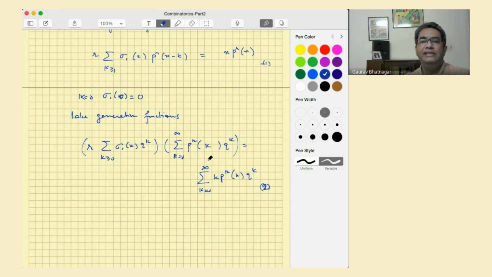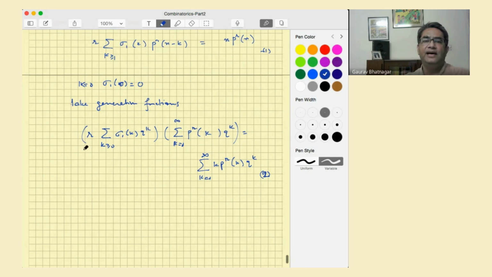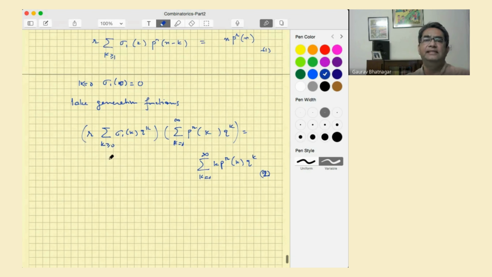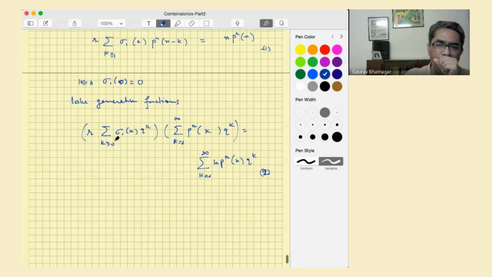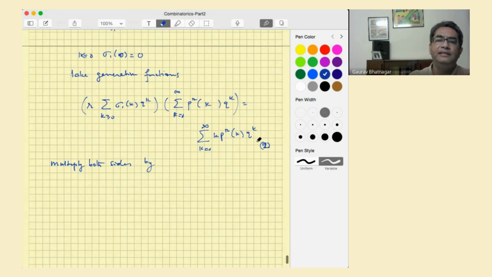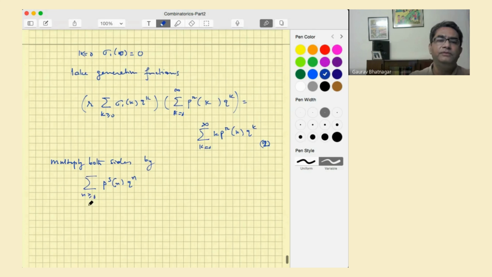Now what I do is I multiply both sides by another such guy. It is interesting that this r comes outside. I mean, that's the key idea. So I multiply both sides by the summation of PS n q raised per n, n going from 0 to infinity.